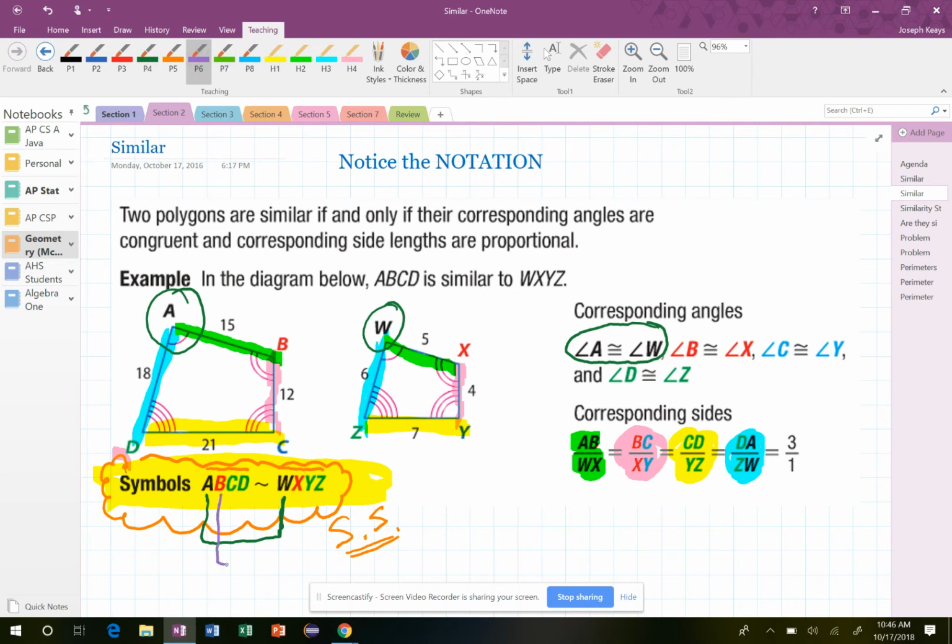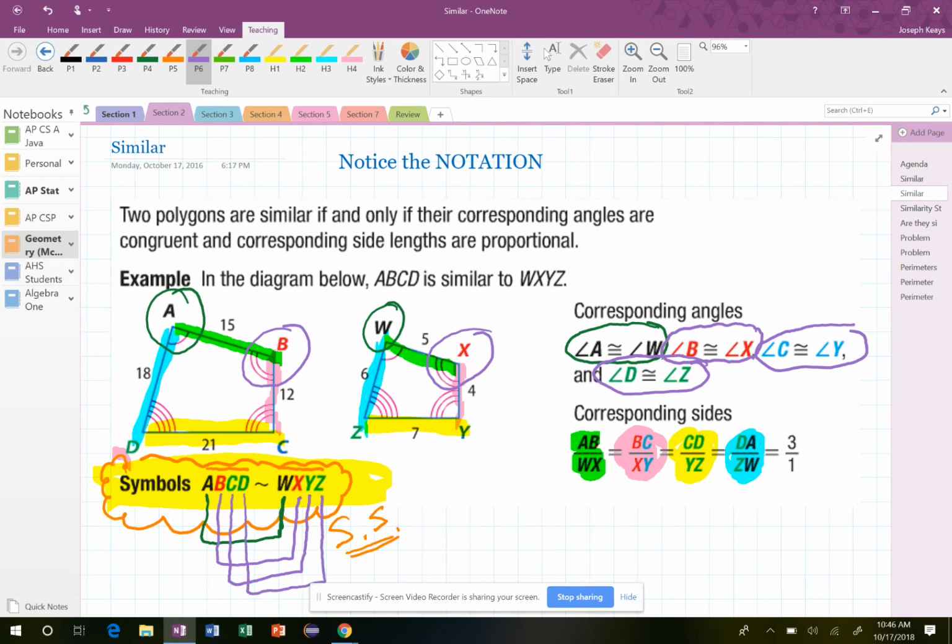Same thing in here. B and X are going to be congruent. Notice two tick marks, two tick marks. This is how we notate that. Angle B is congruent to angle X. And the same for C and Y, and the same for D and Z. Notice C matches up with Y, and D matches up with Z. It is code red critical that you line up all of the letters in the right order.